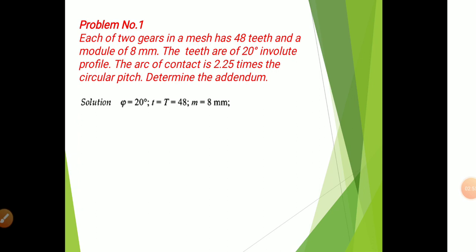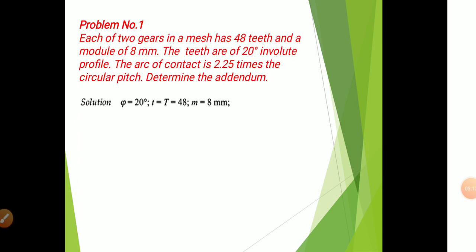Both have the same number of teeth, so small t is equal to capital T is equal to 48. The module is denoted by small m, m is equal to 8 mm.